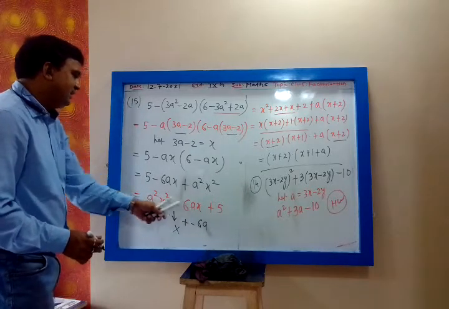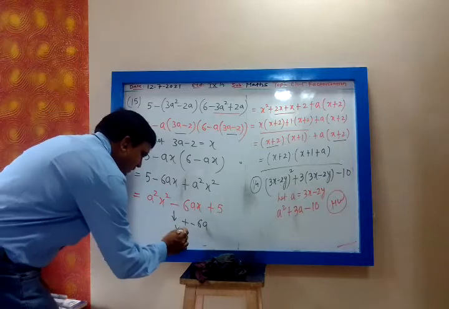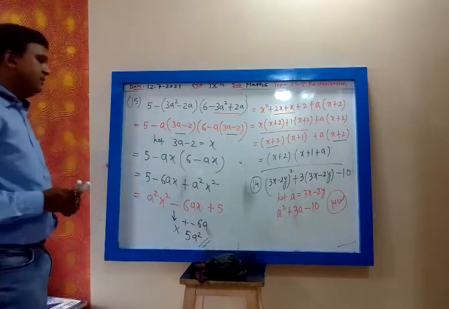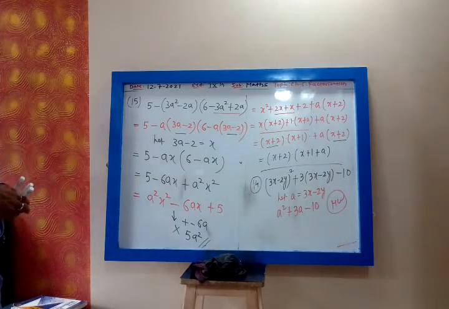So the numbers are minus 6a and a square, so the multiplication is 5a square. Tell me, what are two numbers whose sum is minus 6a and multiplication is 5a square?